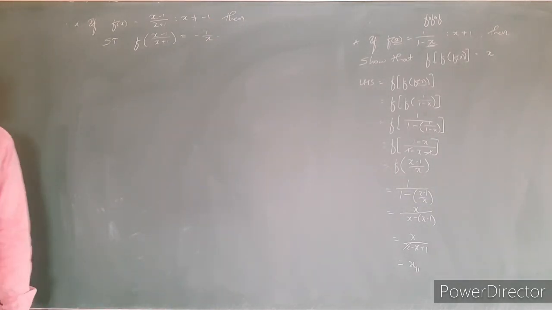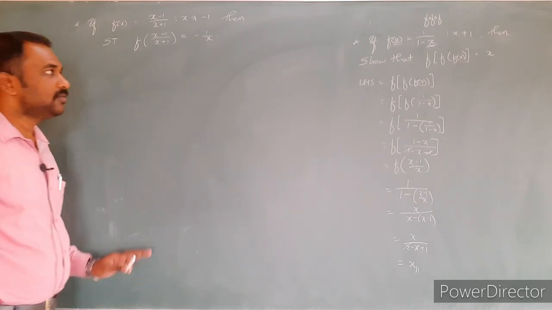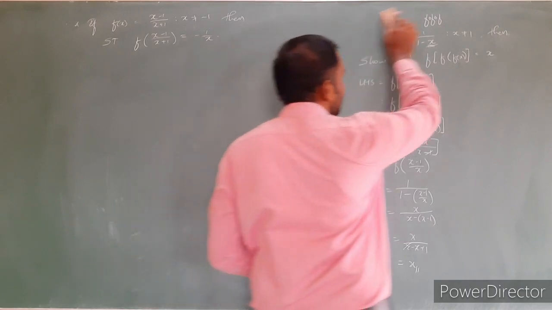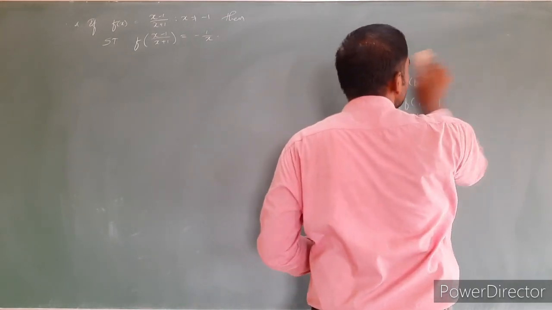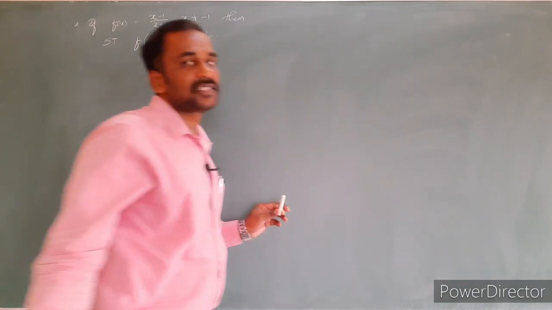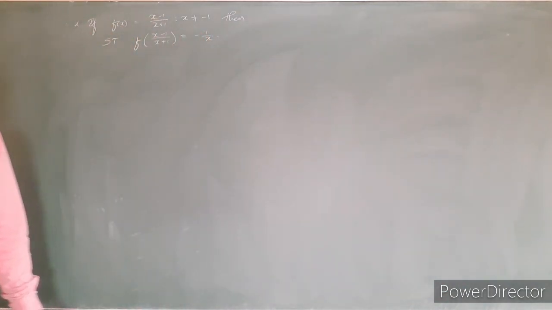Okay. So it is a little bit similar to the previous problem. Here we just solved. Can you get it? Yes, pause the video, try to get the answer. Try yourself.